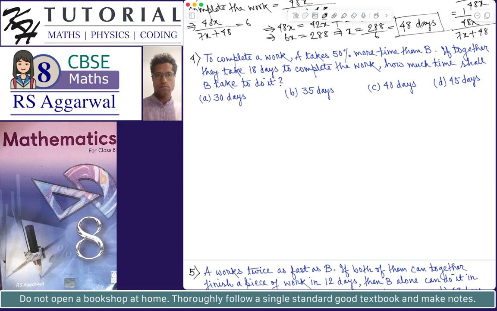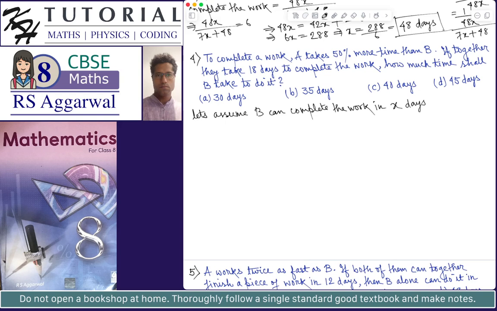So let's assume B can complete the work in X days. So if B is taking X days to complete the work, A will take 50% more time.